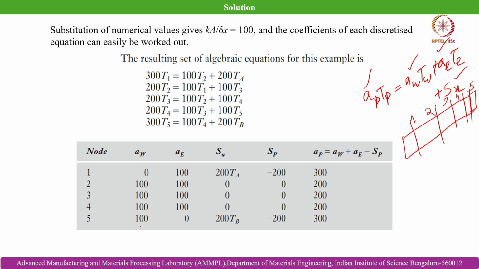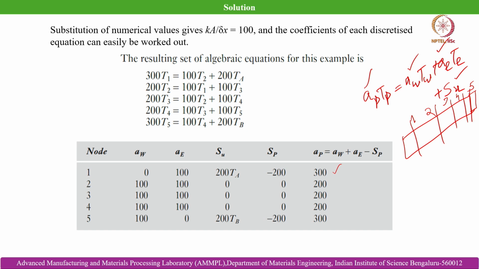You can see that based on this matrix written for all 5 nodes, in the case of the first node AW is 0 and AE is 100, SU is 200 TA, SP is minus 200, and AP is AW plus AE minus SP that we have discussed before. So for the first node AP is 300, and you can put 300 T1 is equal to AW TW.